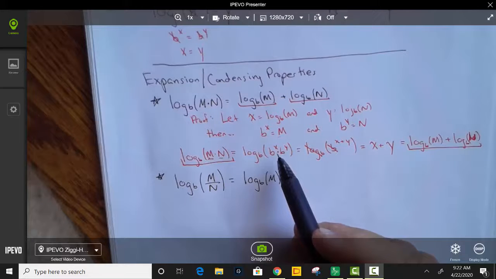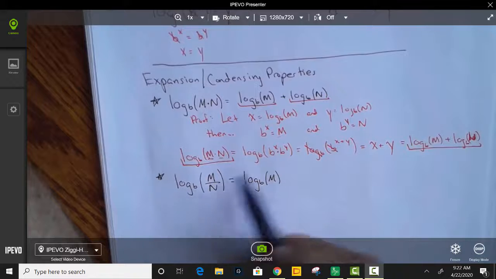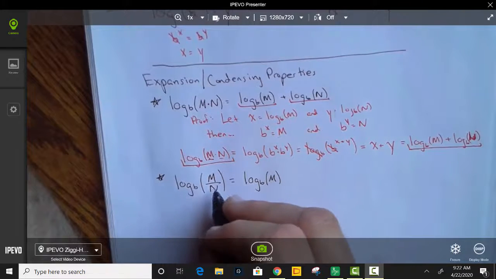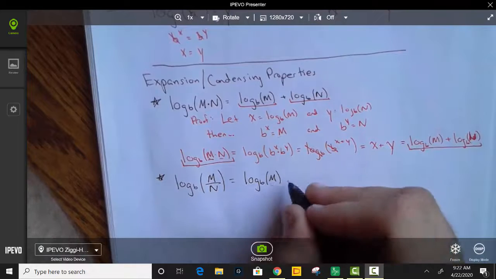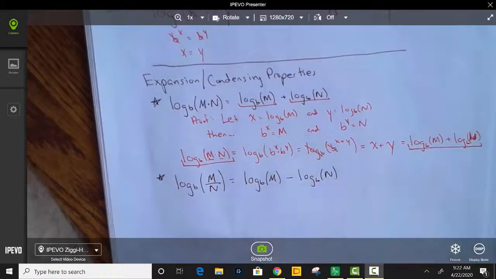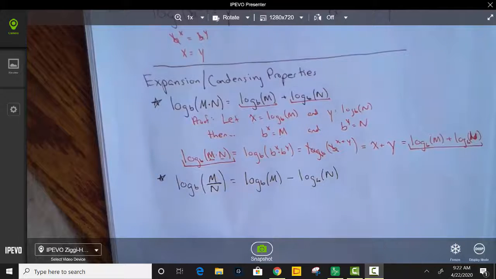When we're multiplying bases, we add the exponents. When we're dividing bases, we subtract the exponents. So log base b of m over n turns into log base b of m minus log base b of n. So this is just saying that if you have a logarithm of a division problem, we can expand that out into two logarithms that are being subtracted.